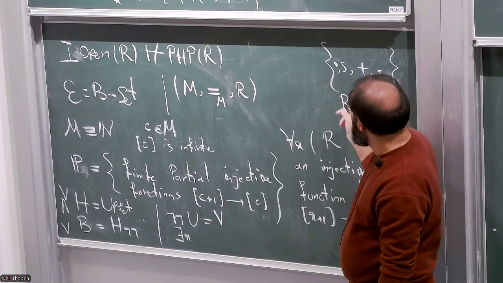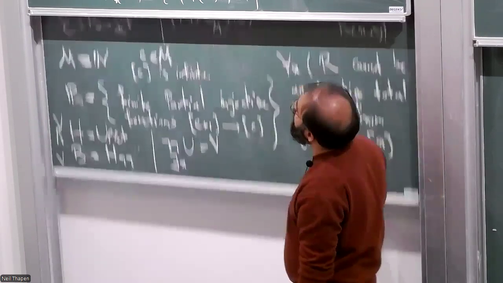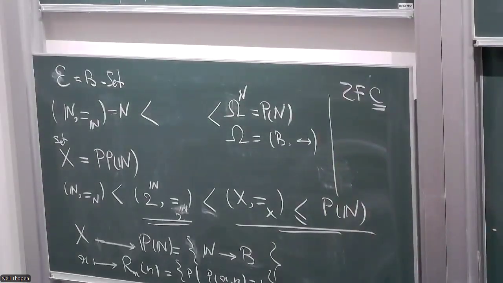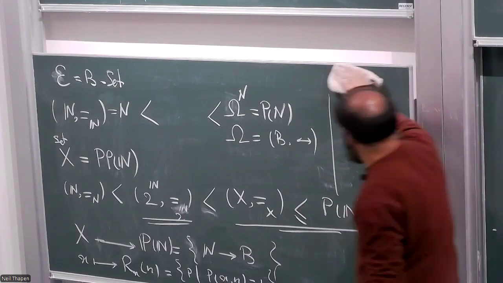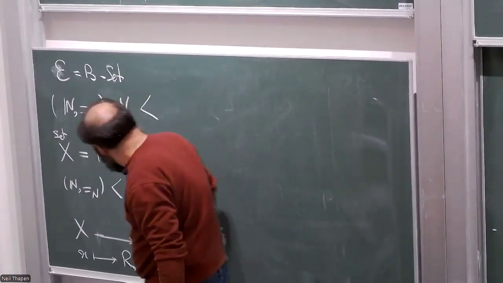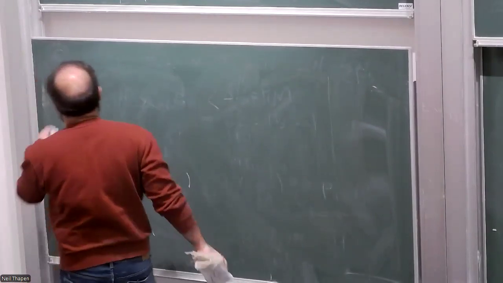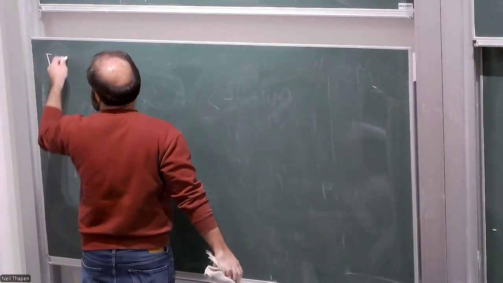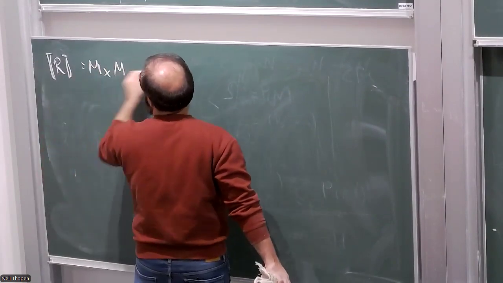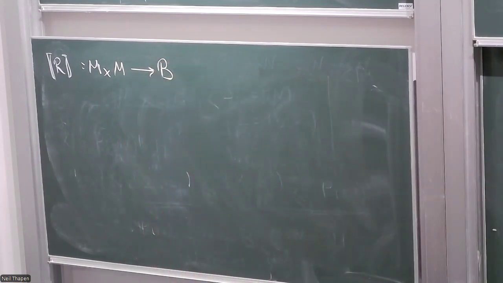The only thing that matters is that I added one binary R, and I have to interpret that binary R. How to interpret it? It should go from M times M to B. That is how you interpret a relation, right? And you have to define it.